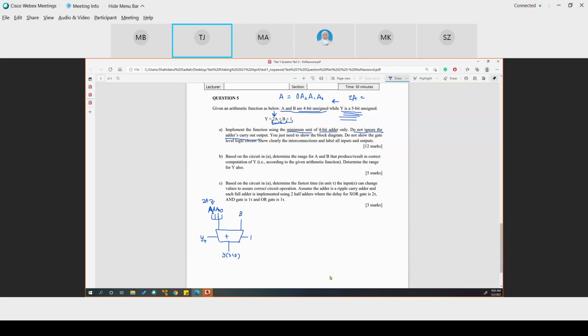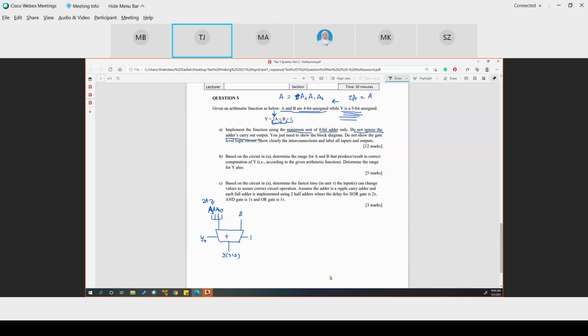A3, A2, A1, A0, right? But we shift it to 2A, so we cannot have A3, since the adder is 4-bit. If it is shifted left by 1, then A3 is just ignored.